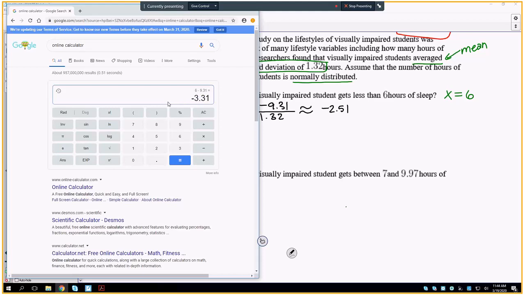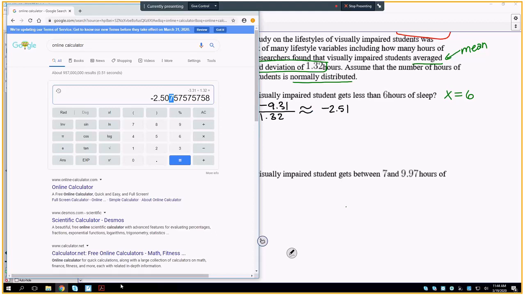That's minus 3.31, and then divide minus 3.31 by 1.32, negative 2.50. Now, since our table only goes to 2 decimal places, we're going to round here based off the third decimal, and since it is higher than 5, 7 is larger than 5, we're going to go ahead and add 1. So instead of negative 2.5, we're going to say negative 2.51.